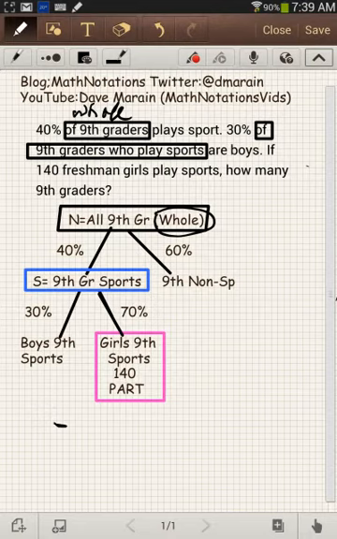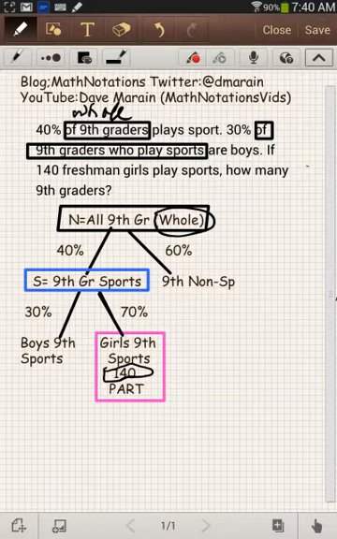Anyway, the students who play 9th grade sports break into two categories: the boys who play and the girls who play 9th grade sports. And eventually we get down to the number in the problem, which is 140, and that's the part we're starting from. So let me erase this little mark here. Okay, so let's begin.